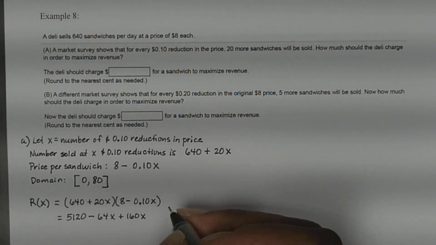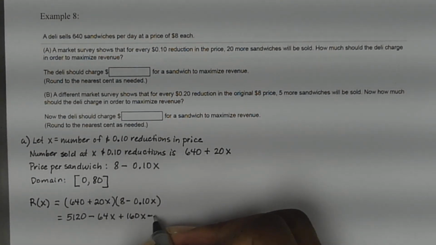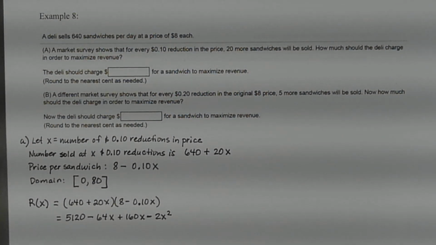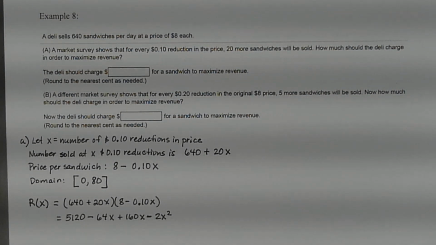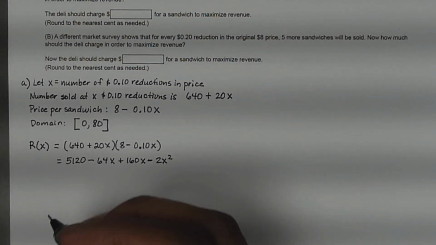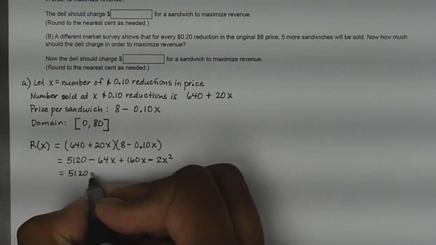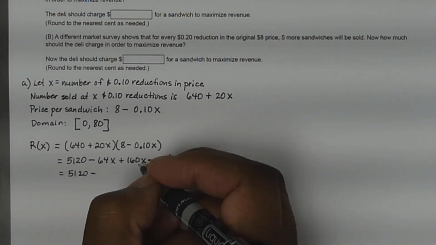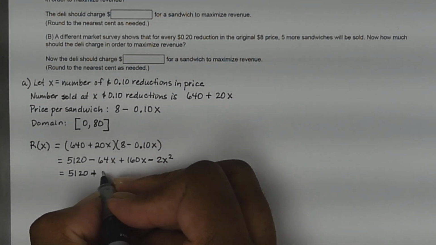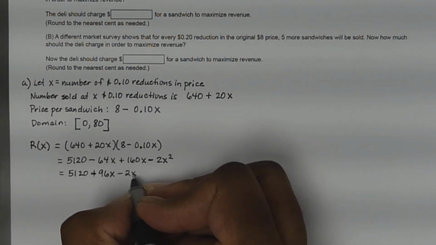And then 20x times a minus 0.10x, that would be minus 2x squared. If I combine like terms, this will be 5120, minus 64x plus 160x will be a plus 96x, minus 2x squared.